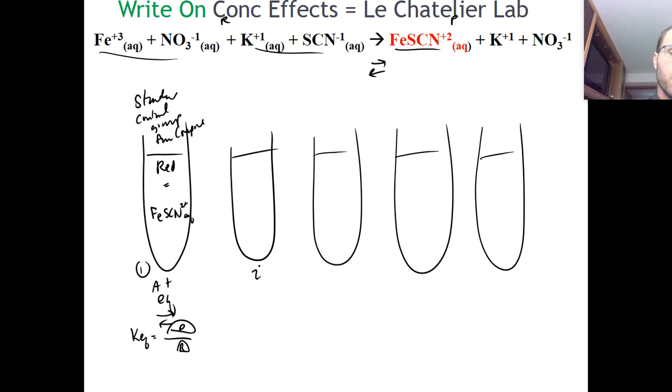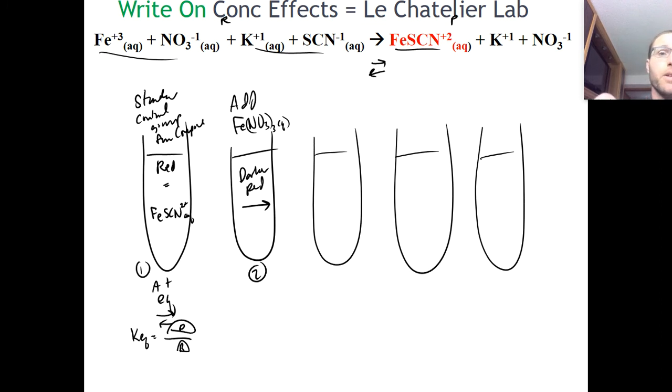In the second tube, there was a change that was made. You would start off with the tube that had the red stuff in it, iron thiocyanate, and then you would add something else. You would add iron nitrate, right? And if we look at that iron nitrate, it's aqueous, and when you drop it in there, the solution would get darker red, which means that we just took this reaction and we shifted it to make more of the red stuff.